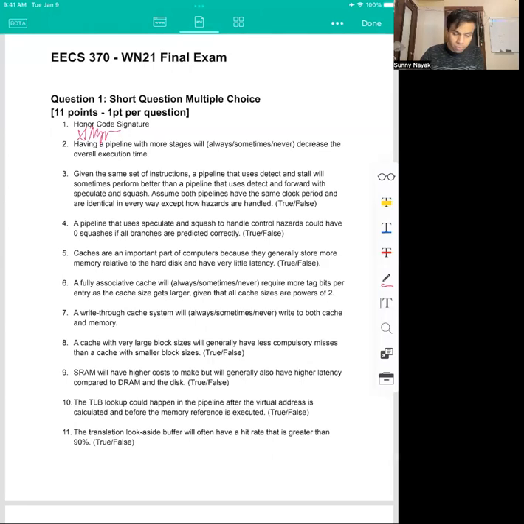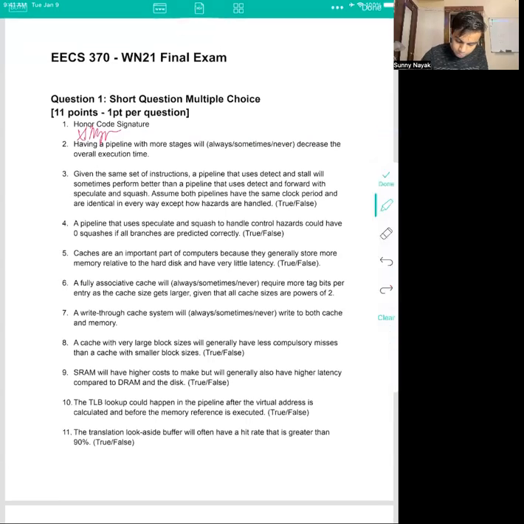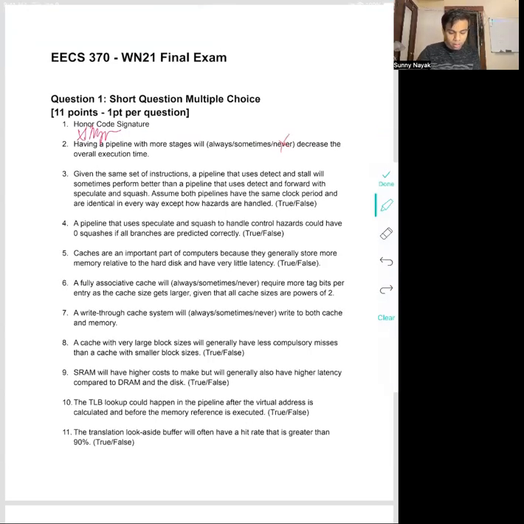And you can also get lower clock periods. But this is an example where it is true, so I can cross out never. Now let me see if I can think of an example where this is not true.